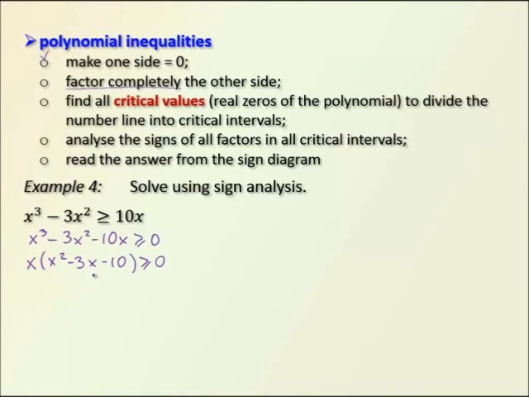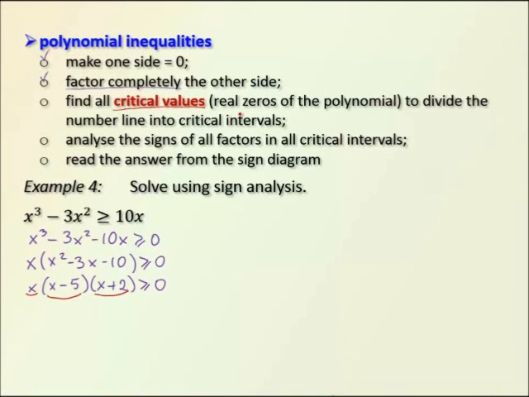Should be -5 and 2. So let's factor completely: x minus 5 and x plus 2 would work, bigger or equal to 0. So we've done this point. Now the next step will be to find all critical values. What are critical values? Those are the values that will make any of those factors 0.